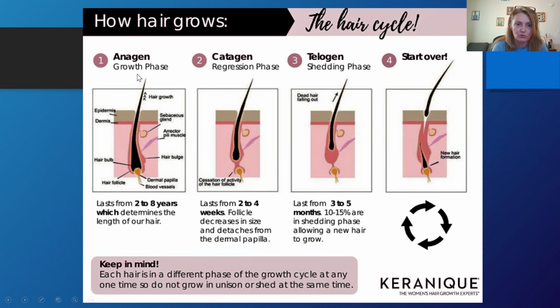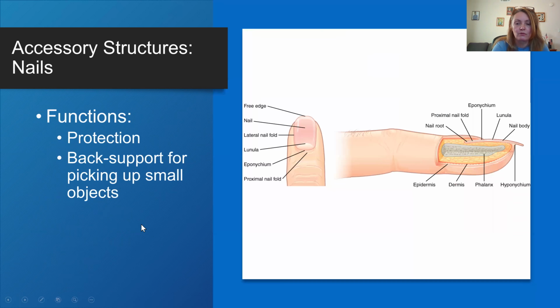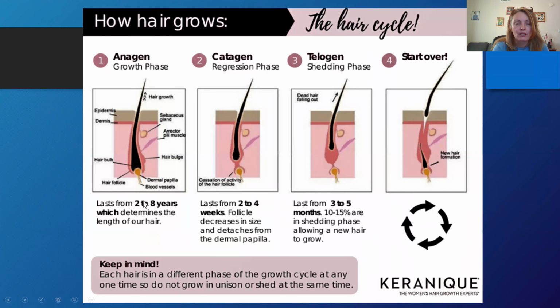Anagen is a growth phase that lasts about 2 to 8 years, which determines the length of your hair. For some people, the anagen only lasts 2 years, and their hair just doesn't grow very long. For other people, hair can grow very, very long. Then catagen is the regression phase, 2 to 4 weeks.